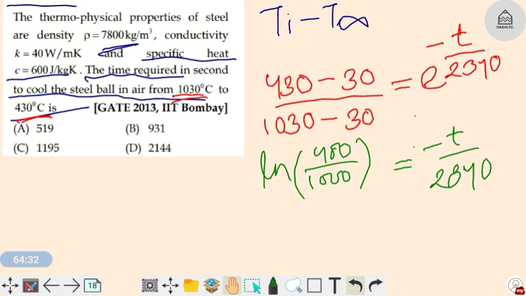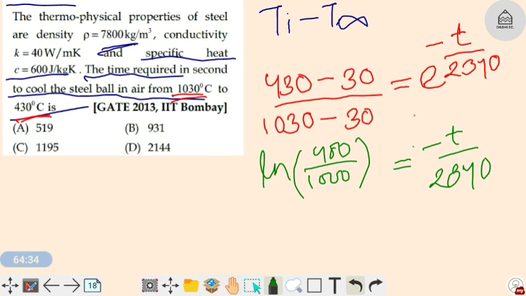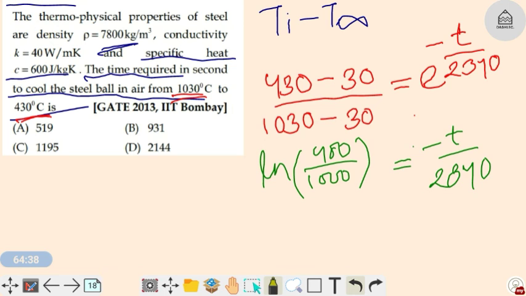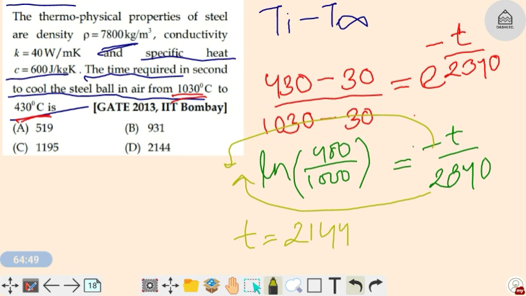If I take the 2340 to this side with the minus, my time will come as 2144.120 seconds, which is option D.